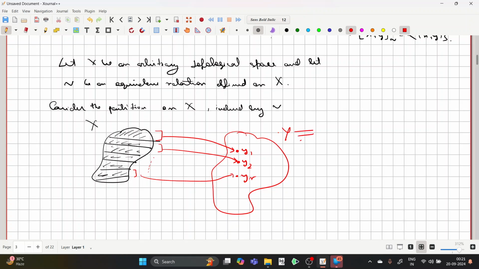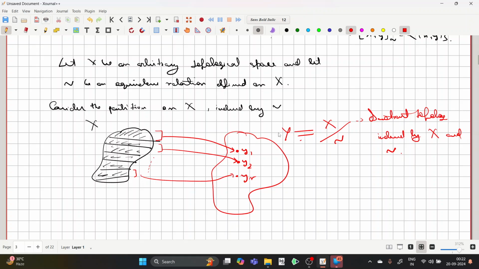This Y is typically denoted like this and is called the quotient topology induced by X and this relation. Clear?